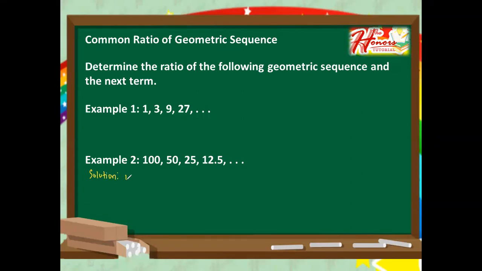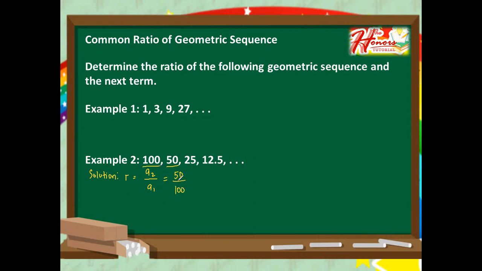Let's look for the ratio first. Ratio is equal to A sub 2 over A sub 1. A sub 2 is the second term, that is 50, over the first term, that is 100.